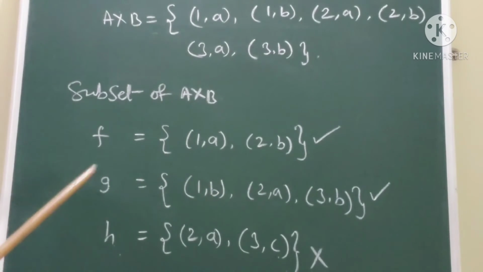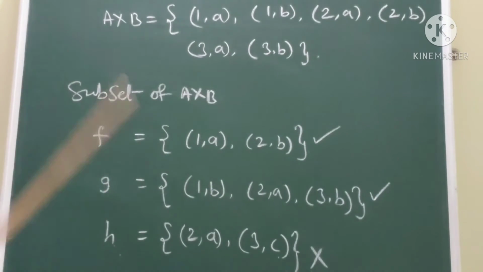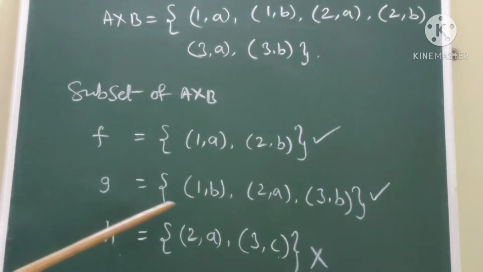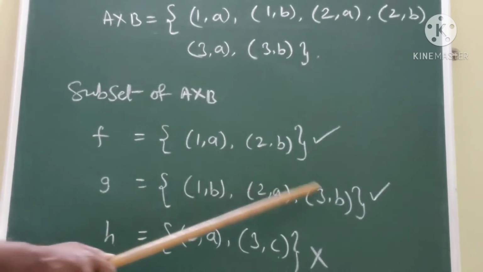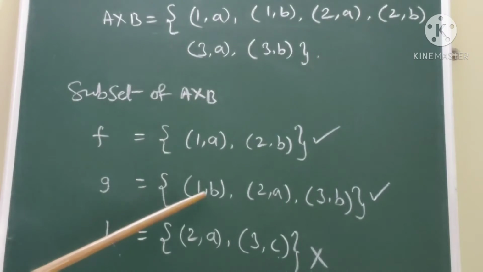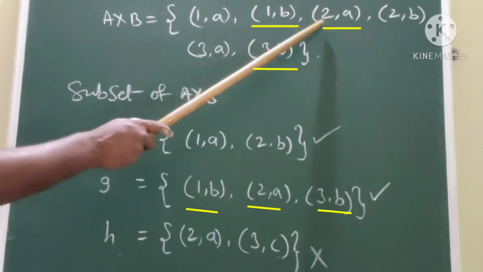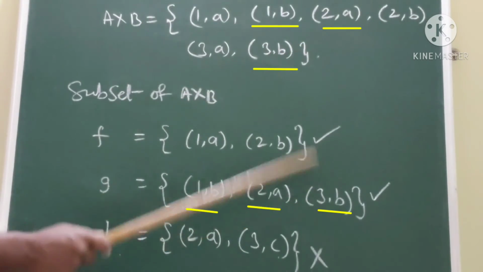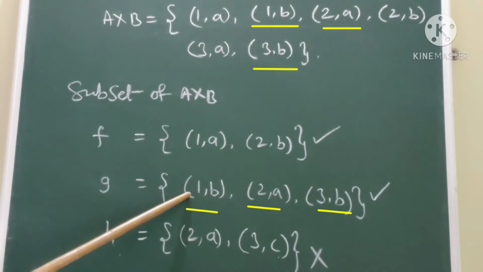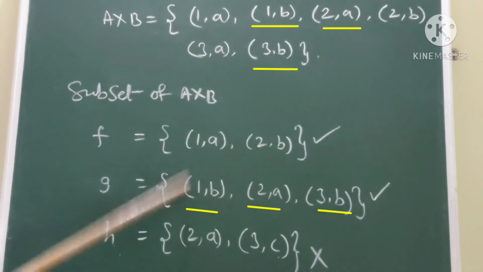Now let us see relation G is equal to the set of (1, b), (2, a), (3, b). That means, is (1, b) contained in A cross B? It is there. (2, a) is also there. (3, b), yes. So it is a relation from A to B.